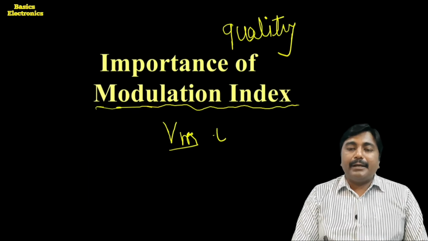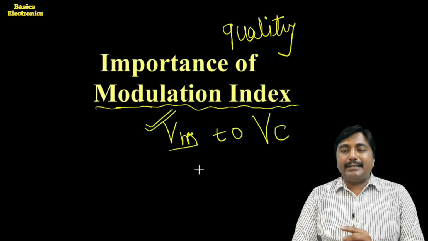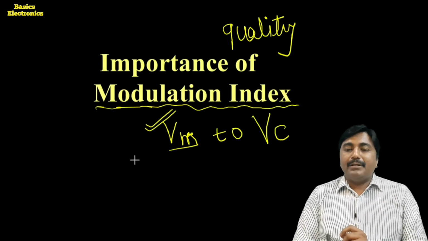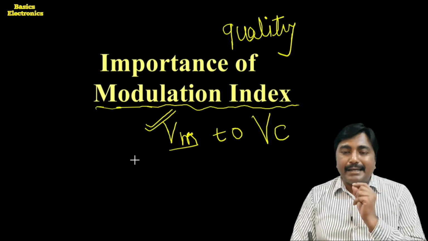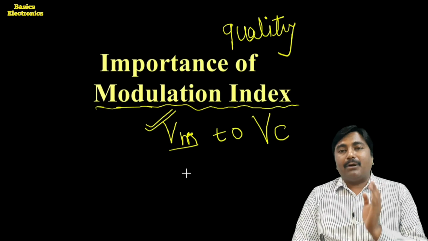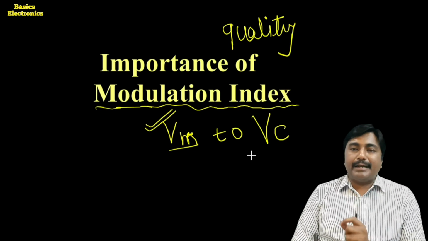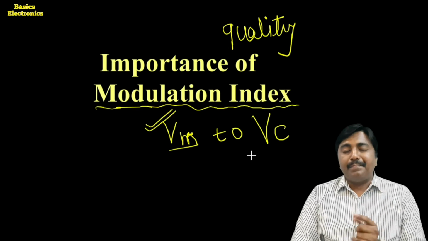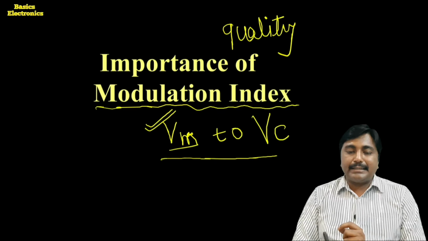The peak value of the modulating signal, Vm, may be greater than the peak value of the carrier signal, less than it, or equal to it.